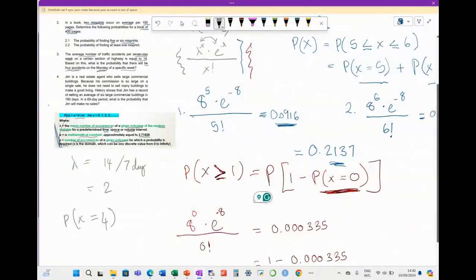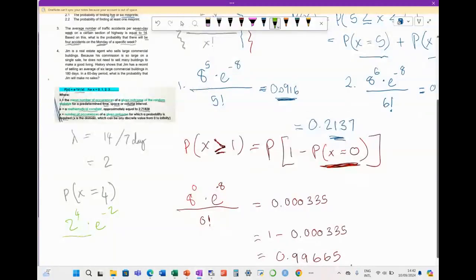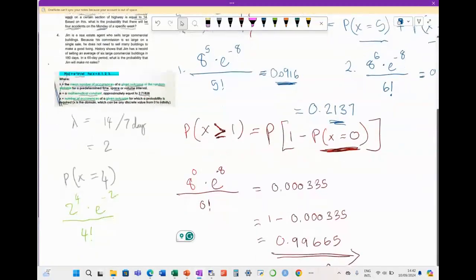The average is 2 to the power x, which is 4, and then e to the power minus 2, our average, divided by 4 factorial. And if you calculate that, what is our probability of having 4 accidents on a Monday?